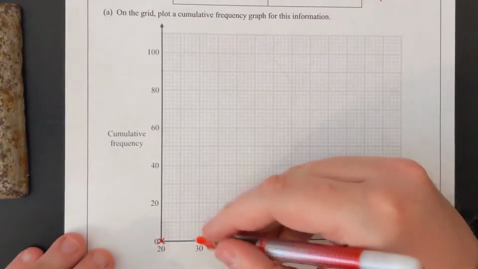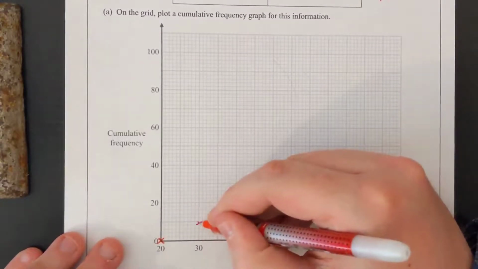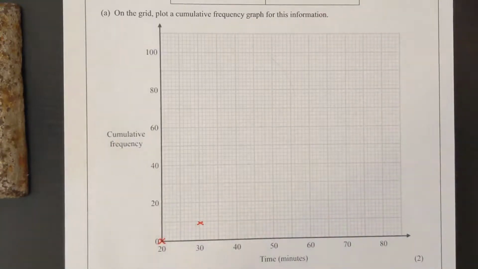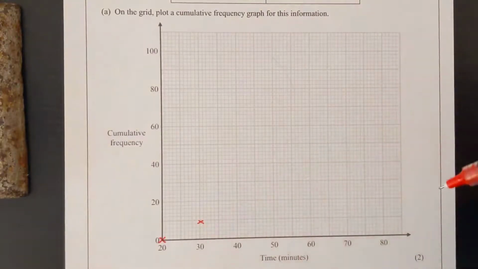So I find up to and including 30 and mark 9. Now that's different to what you're used to doing for lots of these graphs, but for cumulative frequency, all I can say is that 9 people were less than or equal to 30, and then 25 were less than or equal to 40. I cannot say anything about my midpoint, so I plot to the extreme value of my interval.